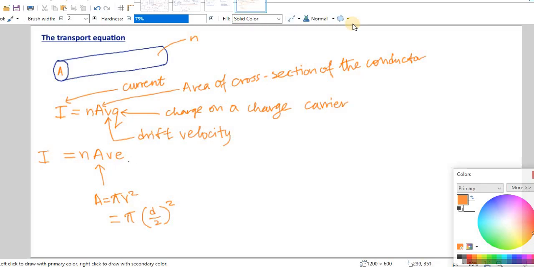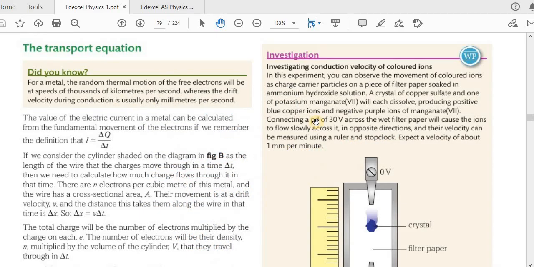In the case of metal, the charge carriers are electrons, so this will be the elementary charge, which is 1.6 times 10 to the power minus 19 coulombs. We don't worry about the sign, negative or positive. We write this because we need the magnitude, like I mentioned earlier. So this is what you need to know, the transport equation: I equals nAve, or nAvq.